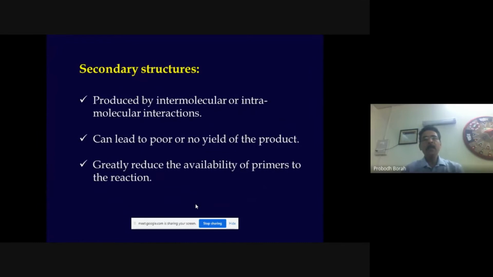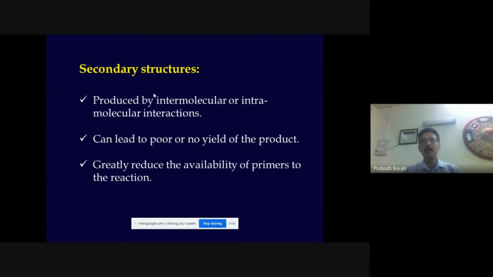Next important characteristic of the primer is the secondary structure. We should avoid primers having secondary structure. That means there should not be any tendency of the primer to have intermolecular and intramolecular interactions. Intermolecular means between 2 molecules.